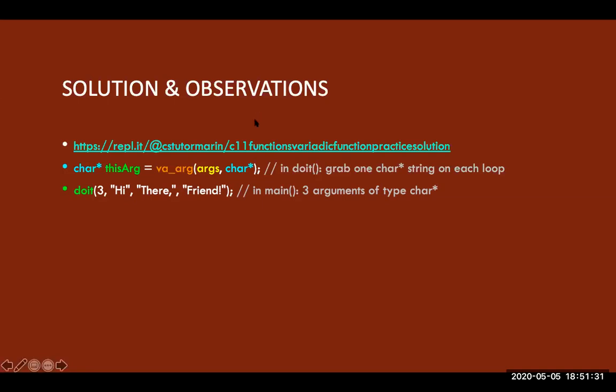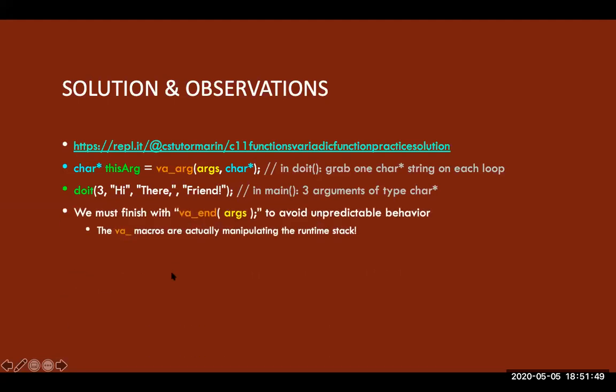When we pull something off the stack as a char star, we're going to walk until we get to a null terminated part of the string, right? Or rather, I'm sorry, we're just pulling off the pointer, and then when we actually print it, we'll follow that pointer to the null terminator. Sorry. And the key thing is va_end with args. If you leave that out, things get pretty messy.